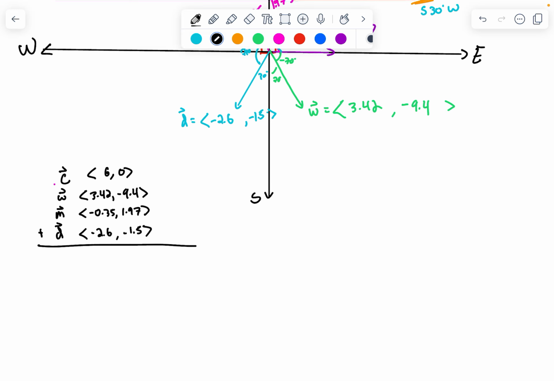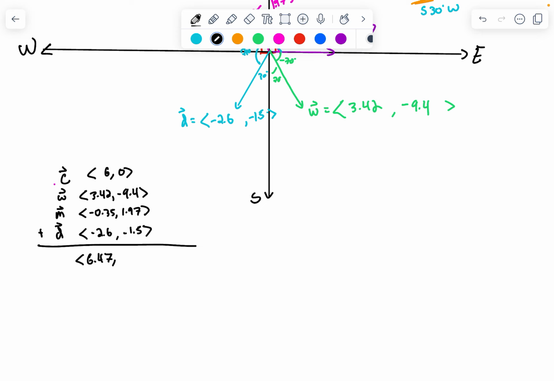Okay, we add these up. I'm going to put on my calculator. 6 plus 3.42 plus 0, plus negative 0.35 plus negative 2.6. Add those up. All right. In vectors, adding vectors is easy because you just add all the components.